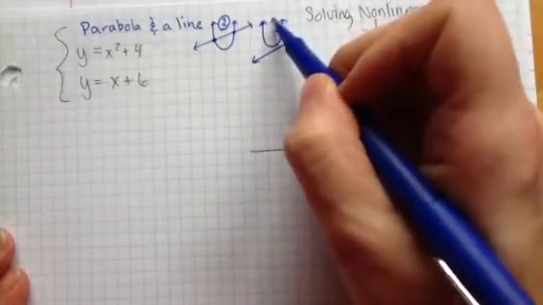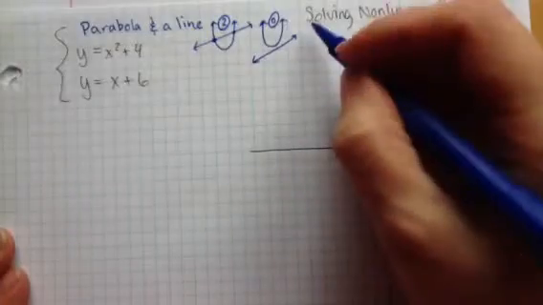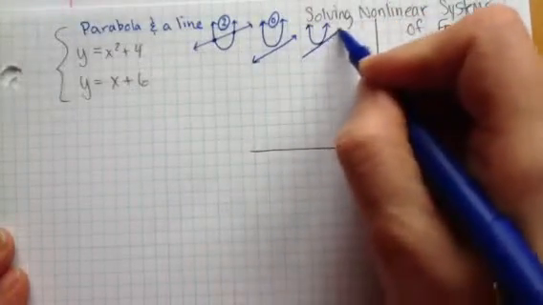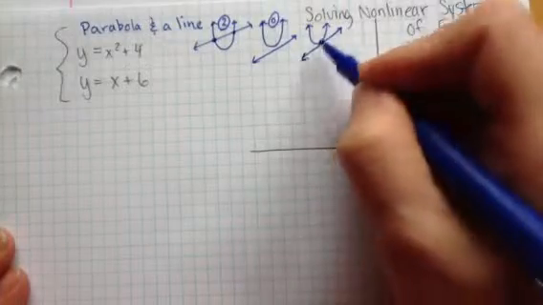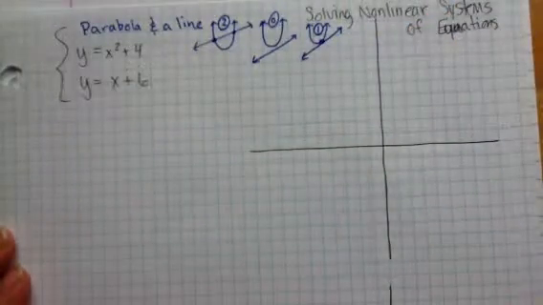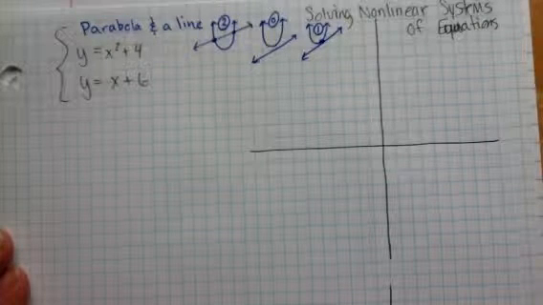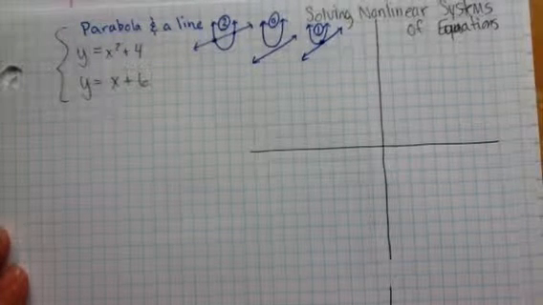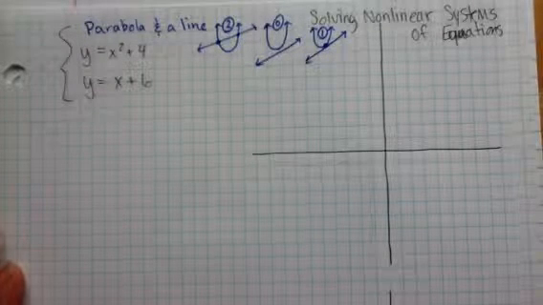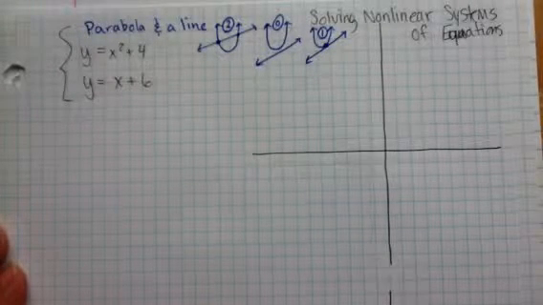So we have no solutions. Or we could have a line that's what we call tangent to the parabola and just touches at one point. So we could have one solution. So you might have different circumstances depending on how your equations end up coming together. So let's see what happens with this one.